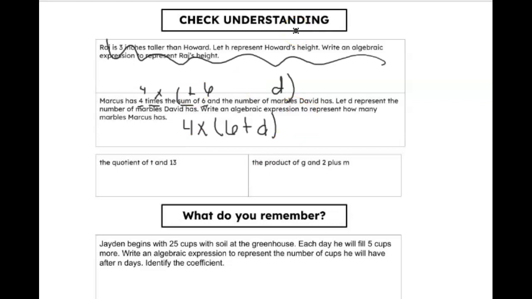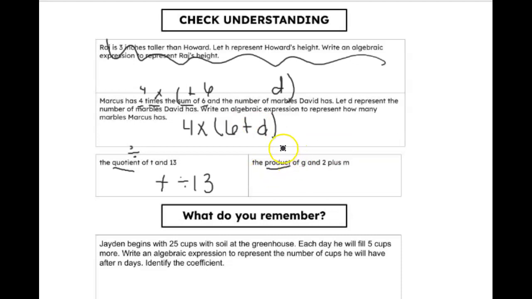Next one. A lot less words in this. The quotient of t and 13. Quotient means we're dividing. So t divided by 13. Next one.